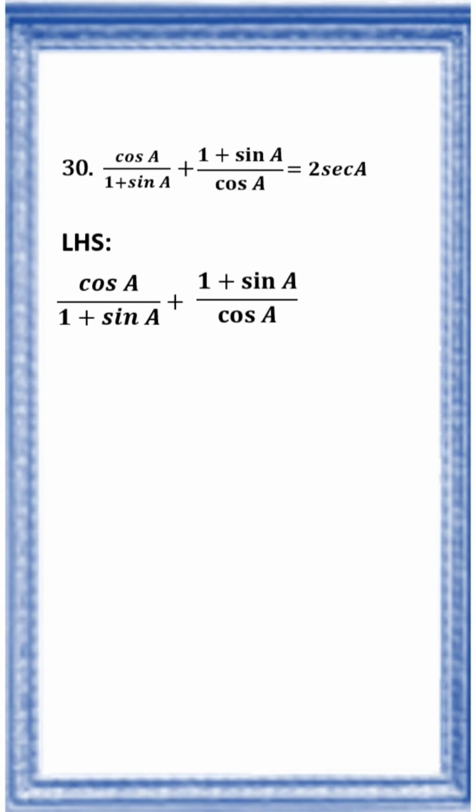Now the 30th question. The question is taken from the chapter Trigonometry. Cos A upon 1 plus sin A plus 1 plus sin A upon cos A, that is equal to 2 secant A. Now the LHS is cos A upon 1 plus sin A plus 1 plus sin A upon cos A. Now let us take the LCM.